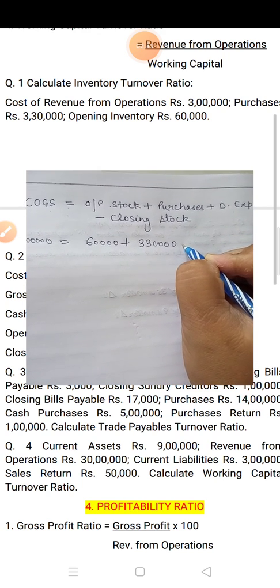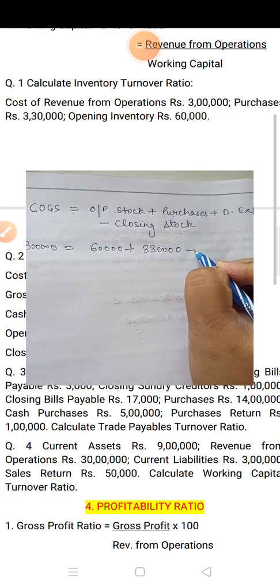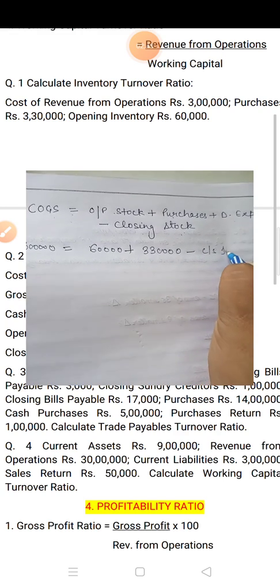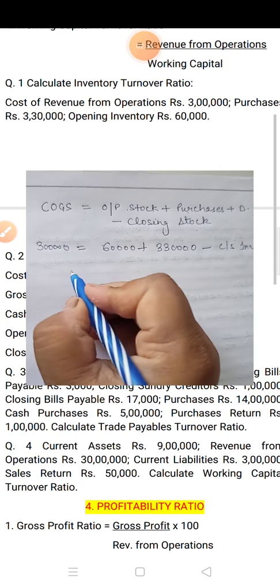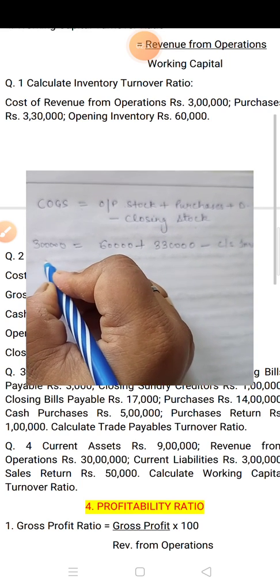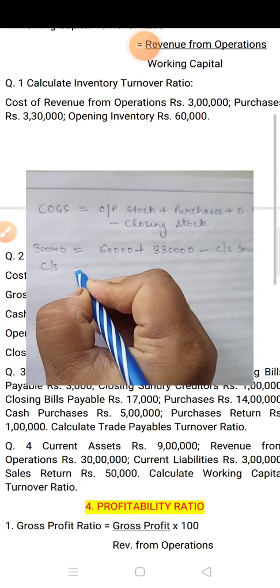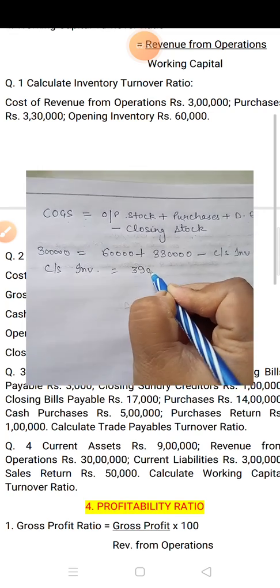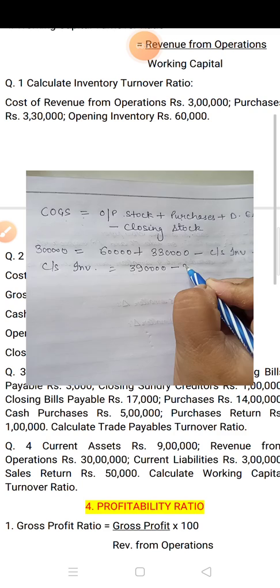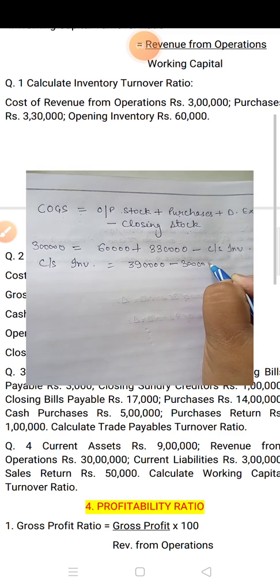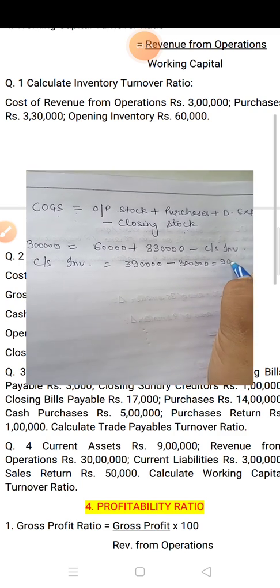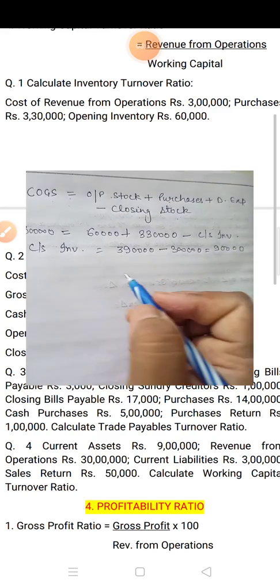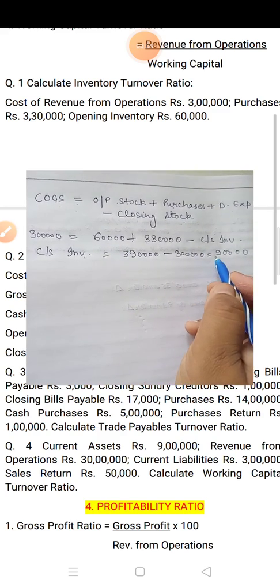Here direct expenses is not given, so leave it. Now minus closing inventory or closing stock. So find out the closing inventory. Closing inventory is equal to 3,90,000 minus 3 lakh, which is equal to 90,000.